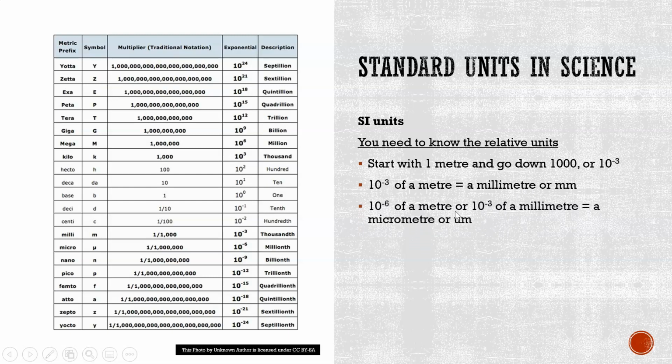10 to the negative 6 of a meter, or 10 to the negative 3 of a millimeter, equals what we call a micrometer, its unit being um. 10 to the negative 9 of a meter, or 10 to the negative 3 of a micrometer, is a nanometer.